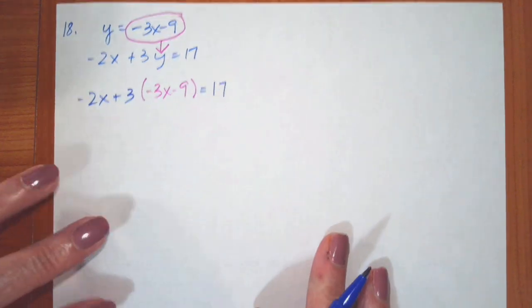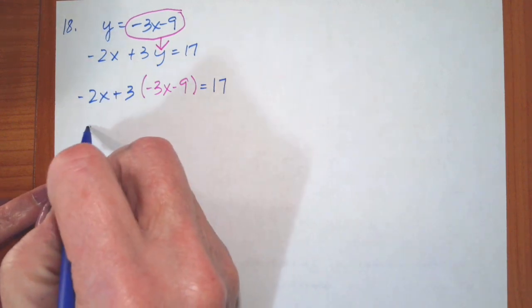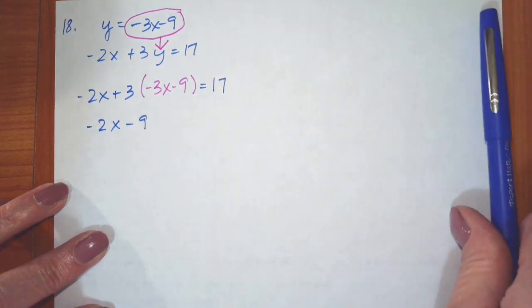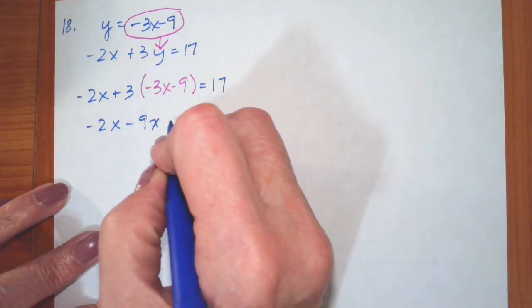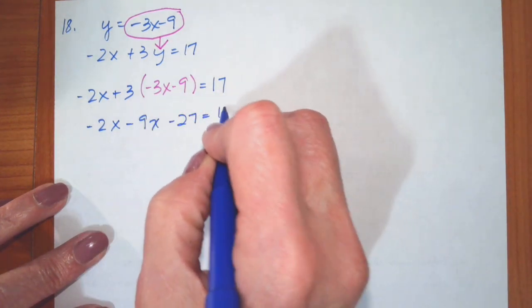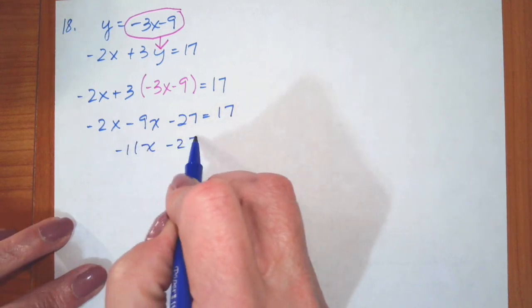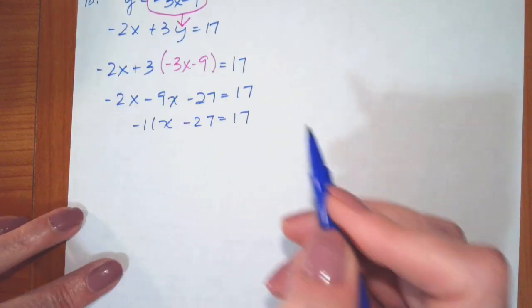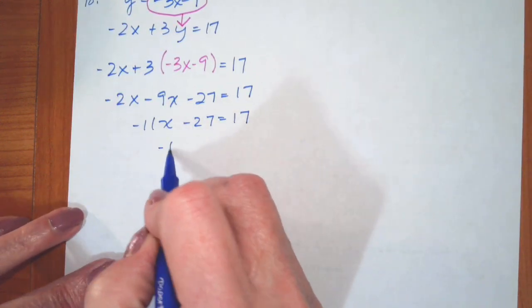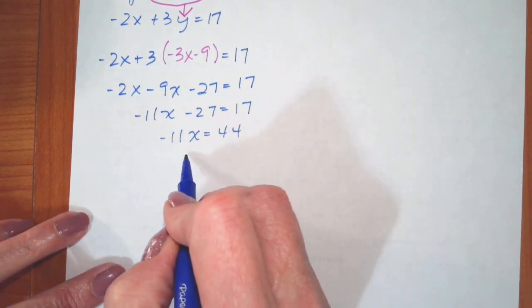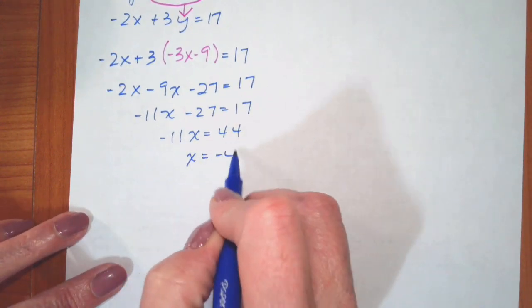It appears twice, but it's still all x's. So now this gives me negative 2x minus 9x minus 27 is equal to 17. Negative 11x minus 27 is 17. Add 27 to both sides. Negative 11x equals 44. Divide by negative 11 and I get x is negative 4.